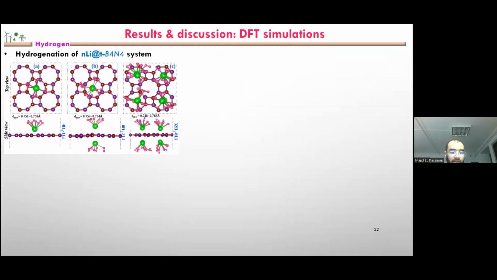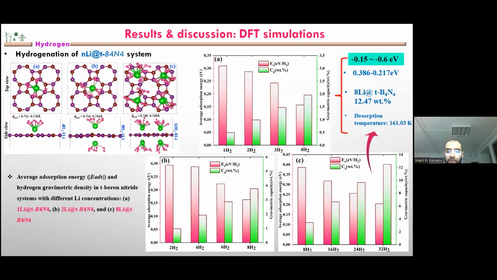By adding additional H2 molecules, it was found that the system can absorb up to 32 H2 before the destruction of the system, with average absorption energies of 0.386 and 0.217 electron volt.